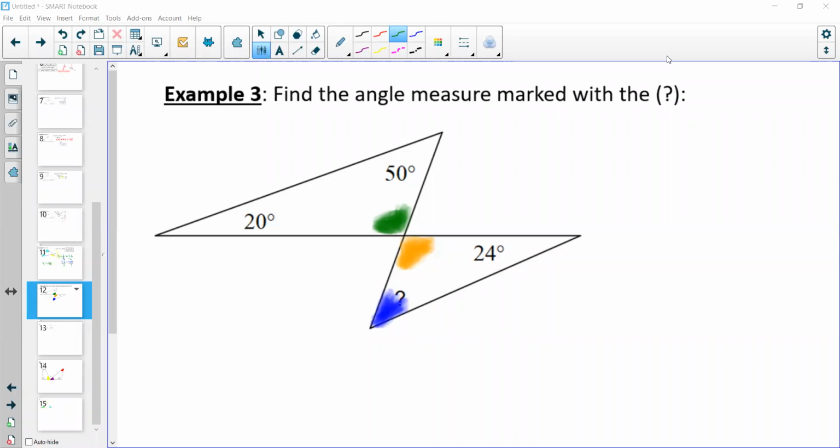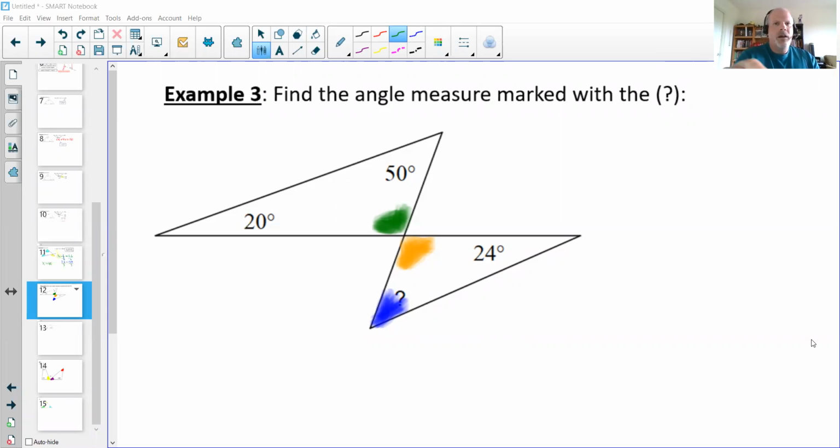Let's look at the third example. On the third example, I color-coded the angles just to make it easier to see, but I need to figure out the measure of the question mark angle, which is at the bottom of the picture. So I have to figure out an order that I'm going to go in.